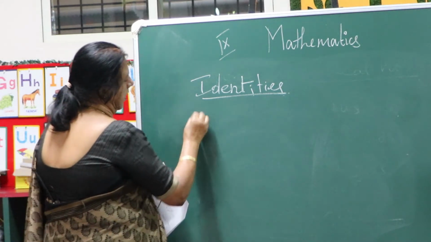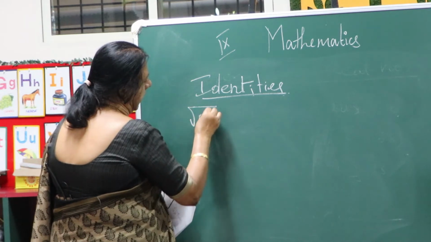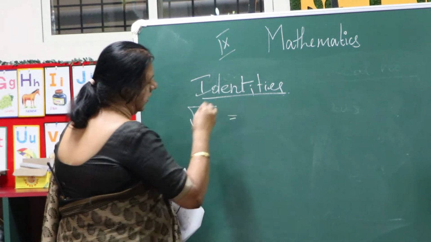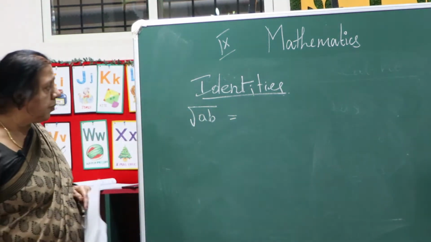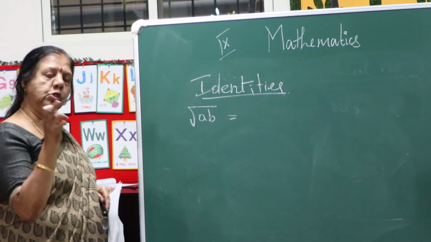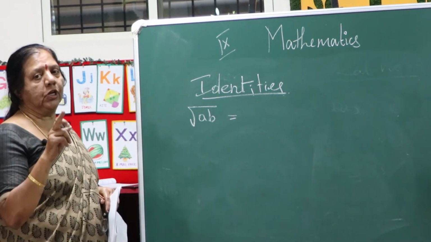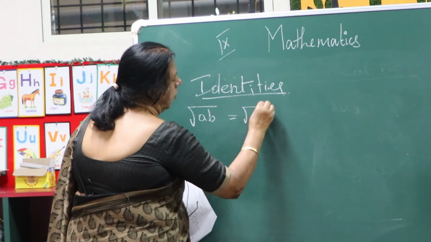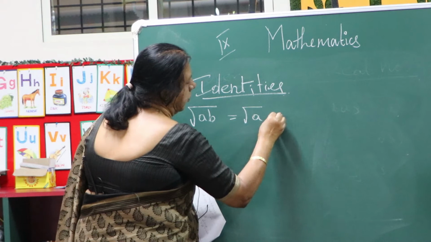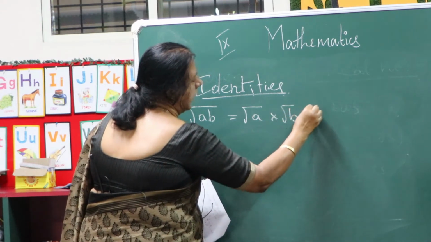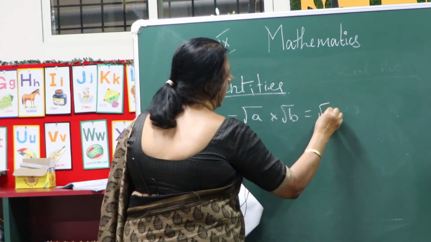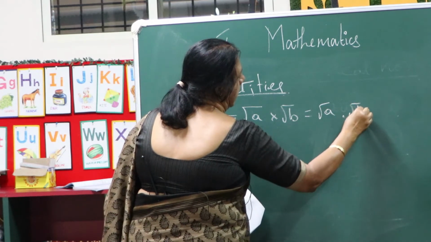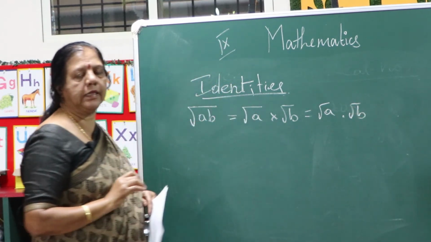Take for example root AB. This is LHS. How to split it? Already I showed under division through the numbers. Root A into root B, that is equal to root A dot root B. Both are same.